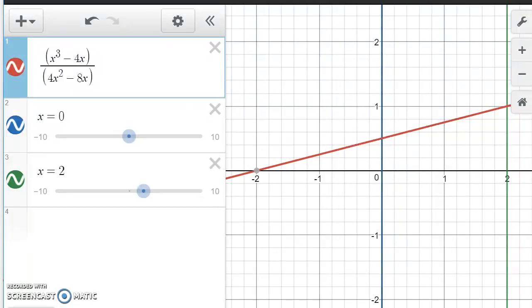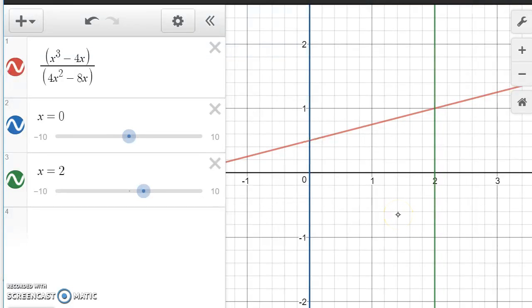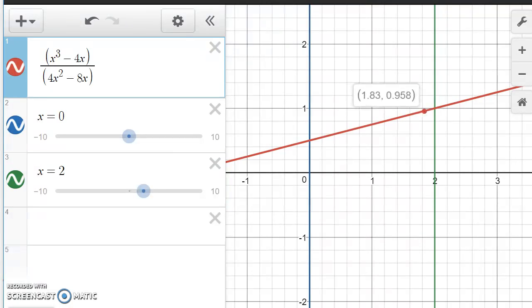If we go back to the graph, I want to focus in on when x equals 2. I'm just putting in what my hole was into Desmos. I created a new line, typed it in, x equals, and then what it was. If I try to trace there, it won't give me a value because it's undefined.